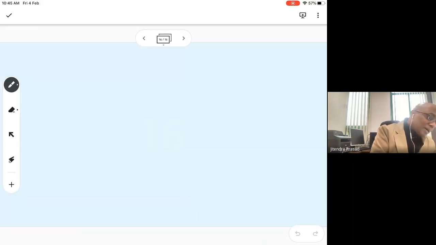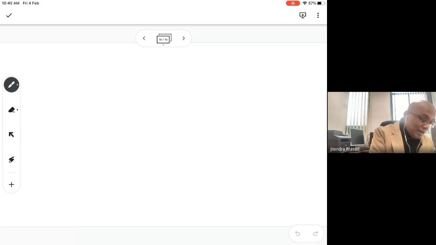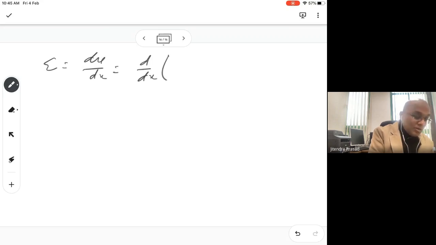Another advantage from here is you also can find out the strain. So strain equal to du over dx will be d over dx, and you have n to x, in this case n to x times u2.